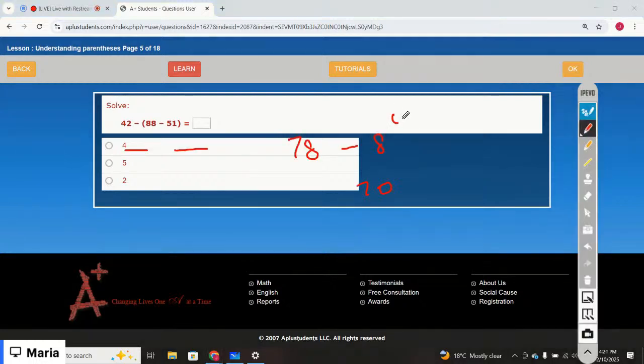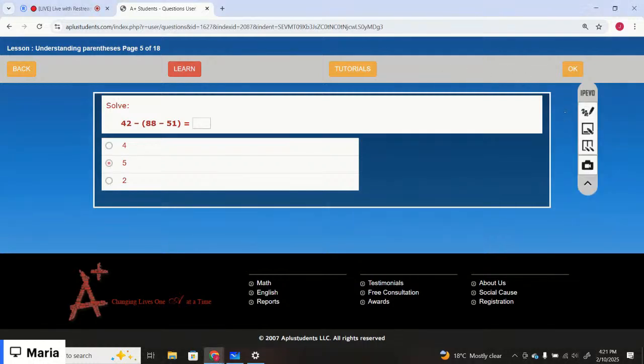So you have 42 minus 37. So the correct option is 5. Option number 2 is the correct option.